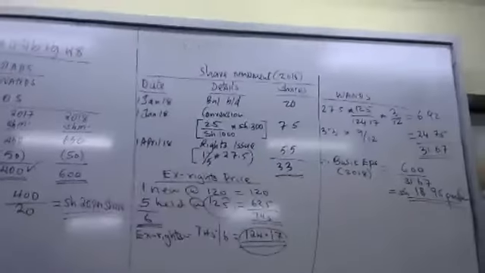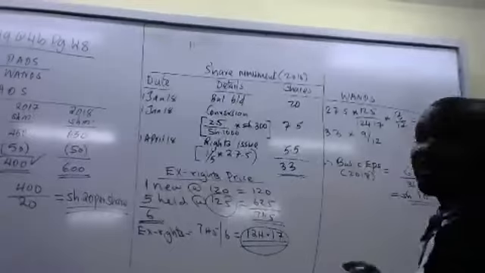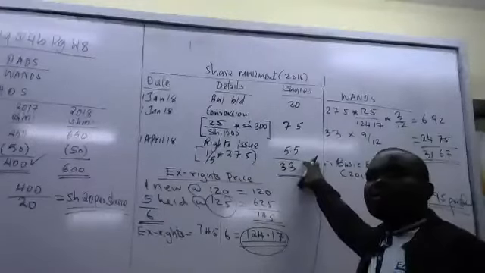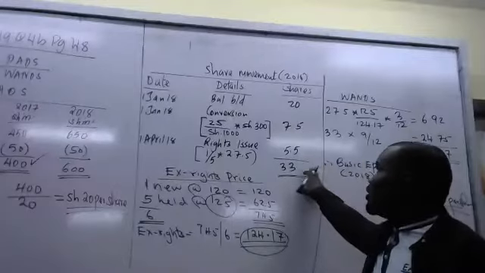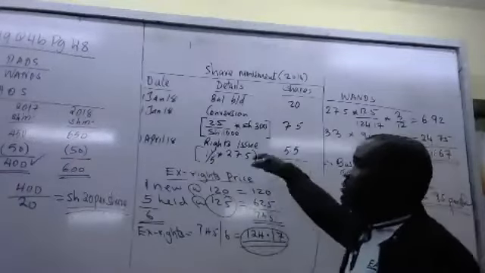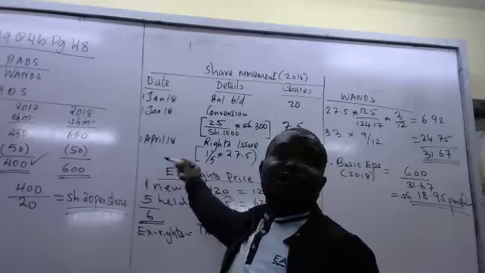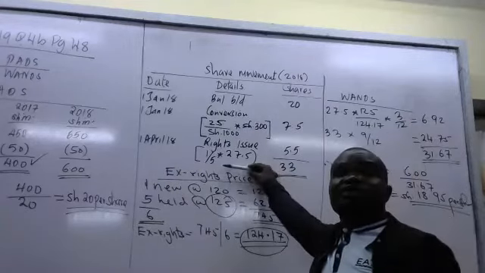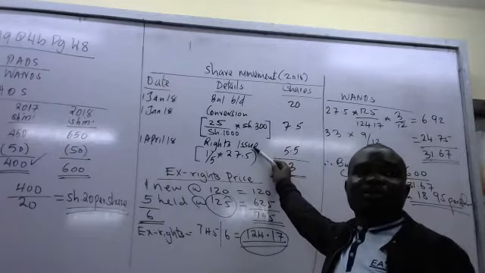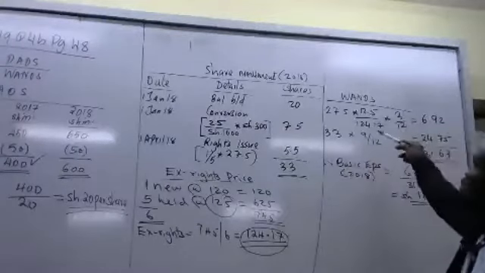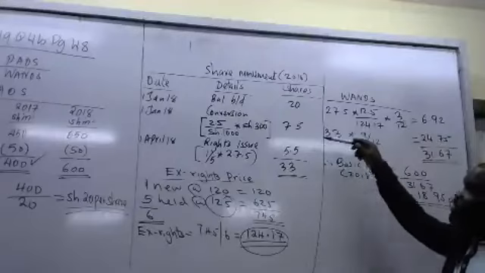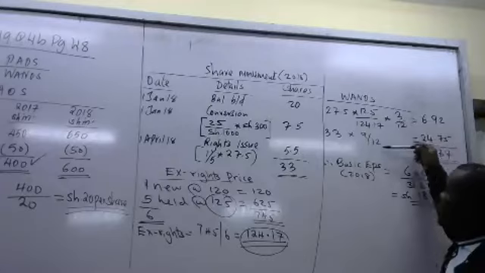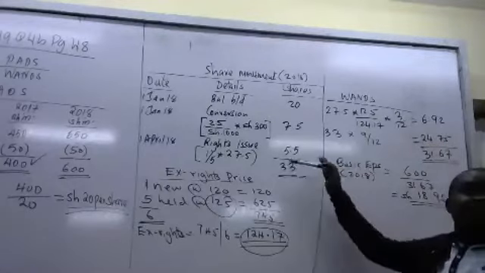So there's something I want to clarify here. Assuming the rights issue had already taken place, and then after the rights issue, maybe there was another new issue or conversion. Any shares coming after the rights issue have nothing to do with the rights issue. So when you are weighing them, you say 3 months before. Then after the rights issue, you add this plus this up to the rights issue, then you weigh for the remaining 9. Then the shares which came after the rights issue, you weigh them separately.